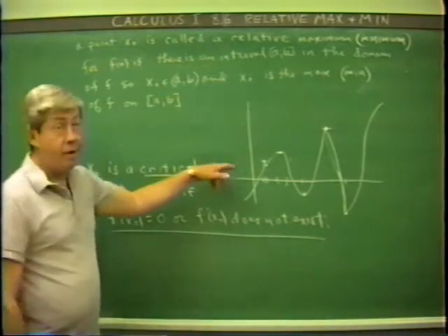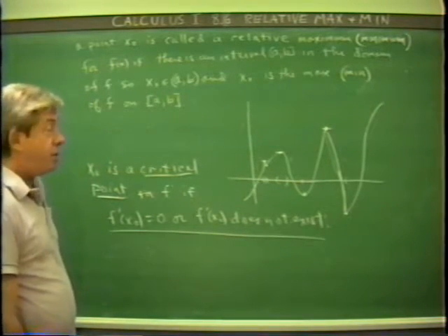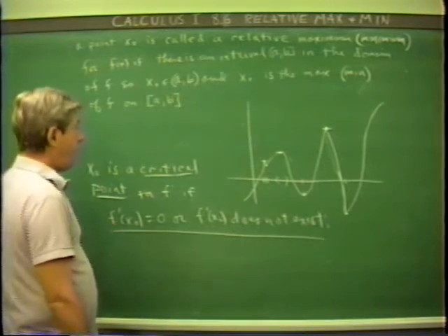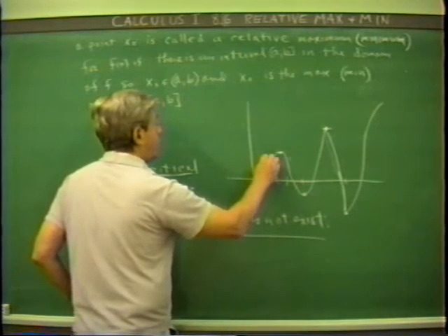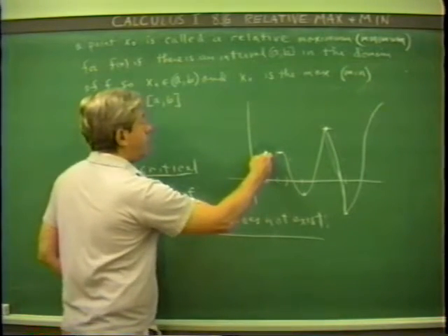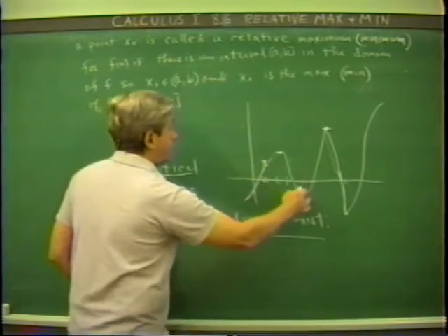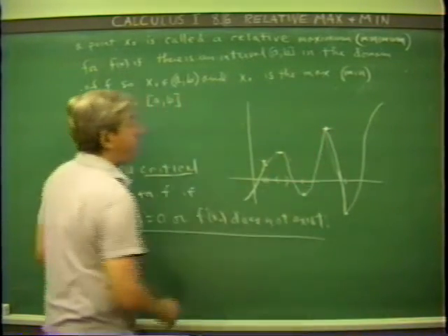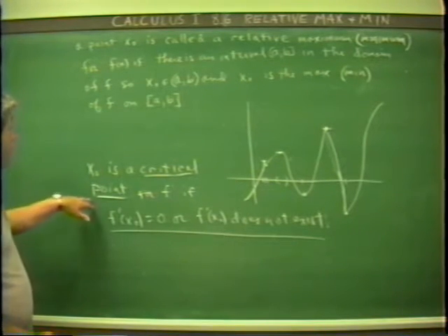Right? Now these are the points where you should look if you want to find relative maximum and minimum, and one way to determine whether or not you've got a relative maximum or minimum, if the function is differentiable, is to determine whether it's increasing to the left of the point and decreasing to the right. If it's increasing to the left and decreasing to the right, then it's going to be a relative maxima. If it's decreasing to the left and increasing to the right, then you're going to have a relative minima.